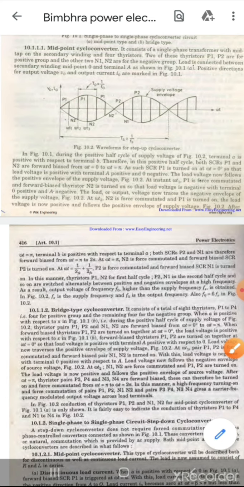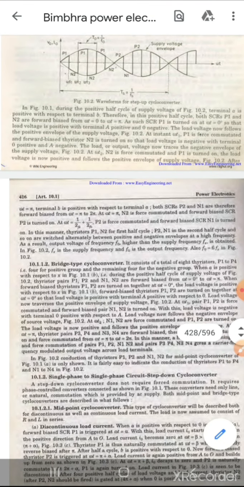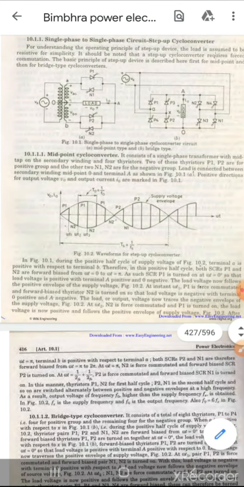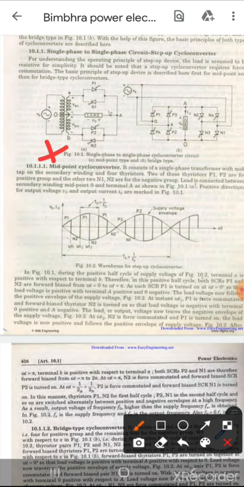At omega t equal to pi, terminal B is positive and A negative, when the negative half cycle occurs.